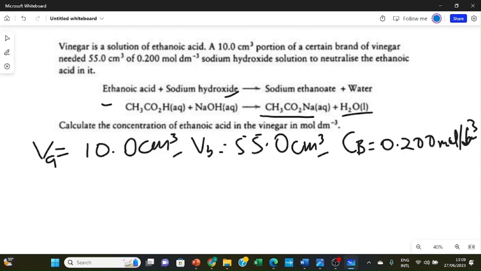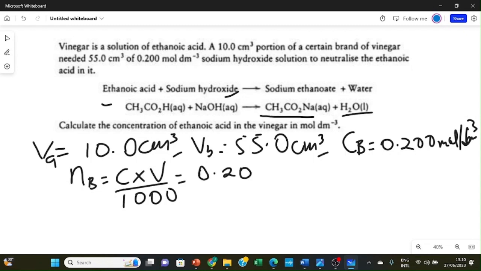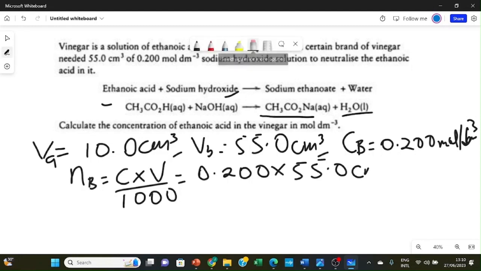So the first thing we're going to do is calculate the number of moles of the base. Number of moles of the base is equal to concentration times volume over 1000. We divide by 1000 because the volume is in cm cube. The concentration of sodium hydroxide, which is the base, is 0.200, times the volume, 55.0 cm cube, divided by 1000.